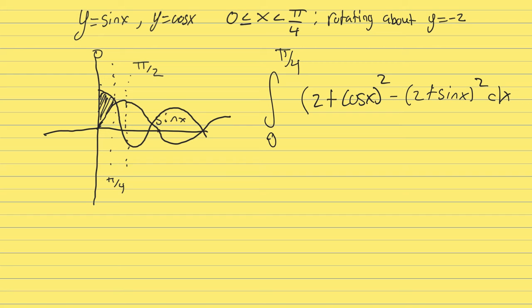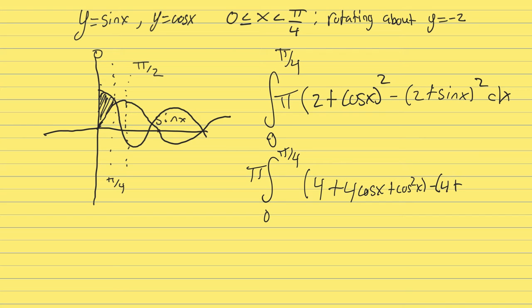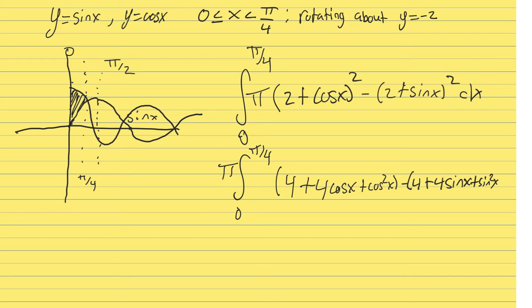Distributing those squares, I'm going to take this pi out of the integral, and that is going to leave us with 4 plus 4 cosine x plus cosine squared x minus (4 plus 4 sine x plus sine squared x) dx.